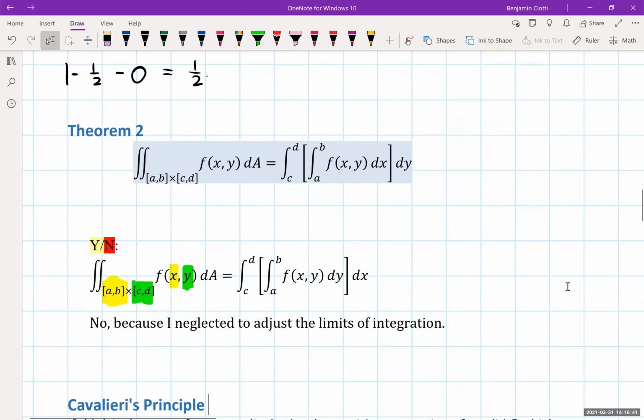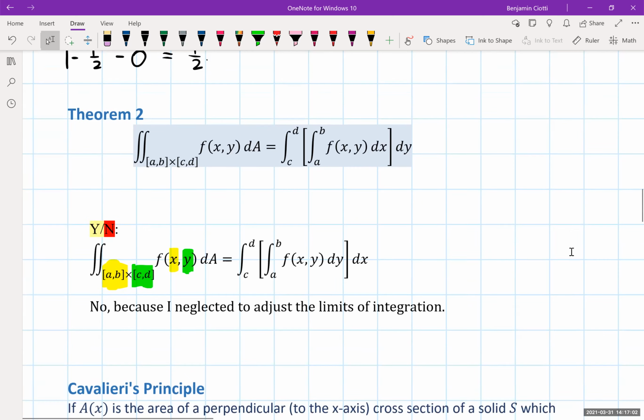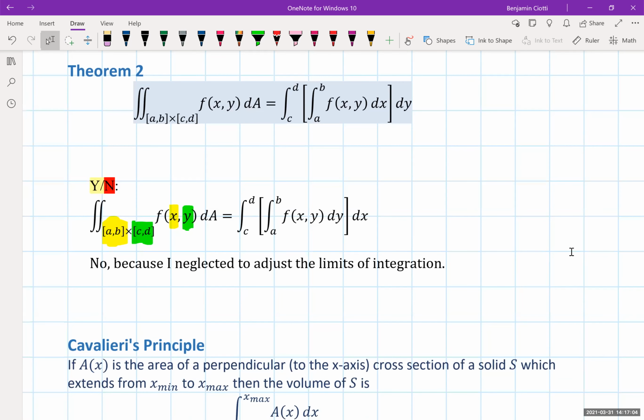Now, I could prove these two theorems, that those two formulas are equal, using something that you probably learned in 20B, hopefully, and that is Cavalieri's principle.